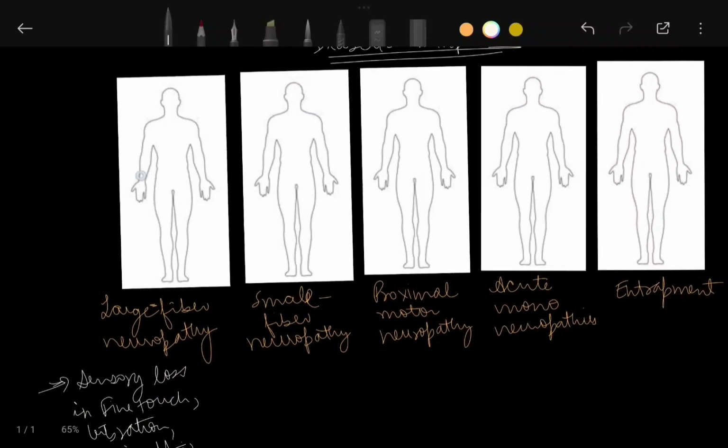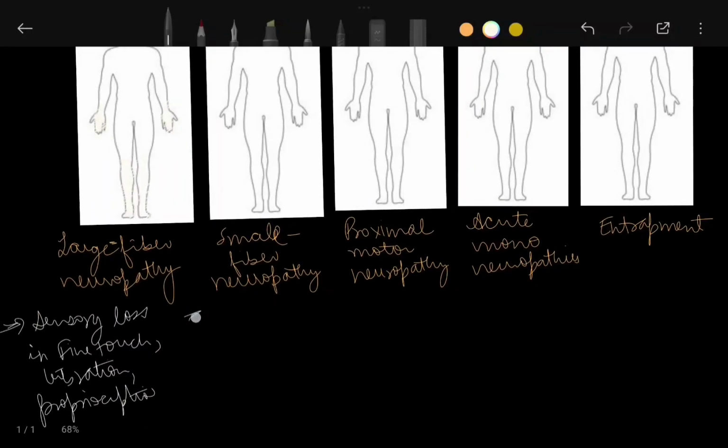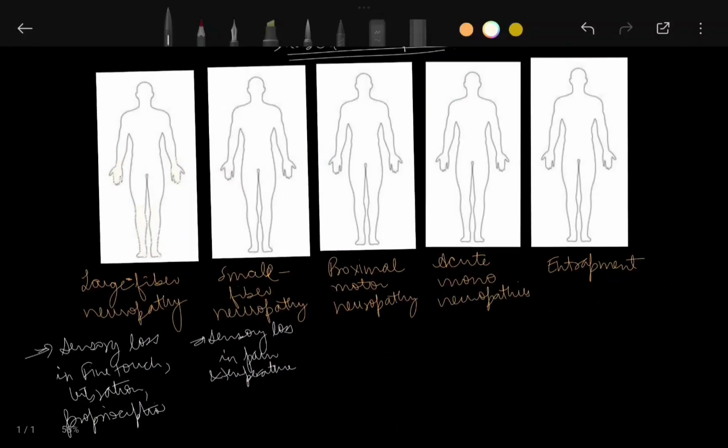The sensations are lost in a similar way, like a glove and stocking distribution, in the distal parts of the hands and feet. Then coming to small fiber neuropathy, sensory loss in pain and temperature is seen. In small fiber neuropathy, no sensory loss from the hand is seen, only from the stocking part. Proximal motor neuropathy: there is sensory loss again.